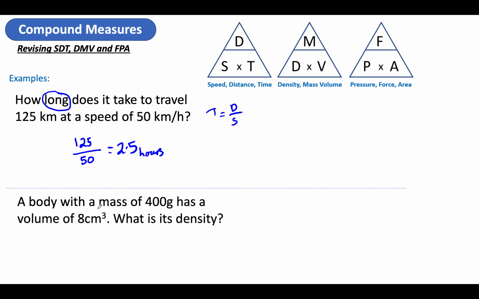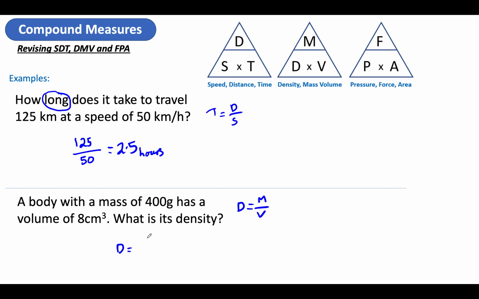A body with a mass of 400 grams has a volume of 8 centimeters cubed. What is its density? So I've got the mass, I've got the volume, I want to know density. So I look at my triangle. If I want to know density, the other two units here are mass over volume, and that's exactly what density is. Density is mass divided by volume.